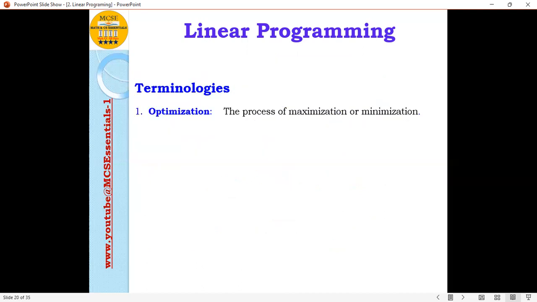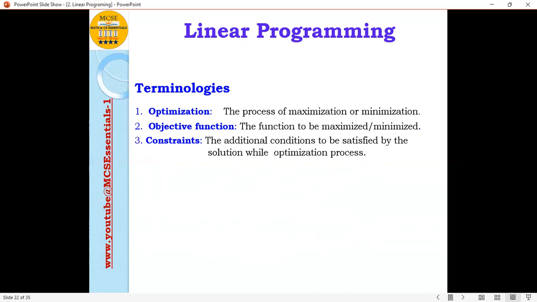The first terminology is optimization. That is the basic component of the problems we have been dealing with. The process of maximization or minimization is in general called optimization. The function which is to be maximized or minimized is called the objective function. The next is the existence of constraints, the additional conditions to be satisfied by the solution during the optimization process.